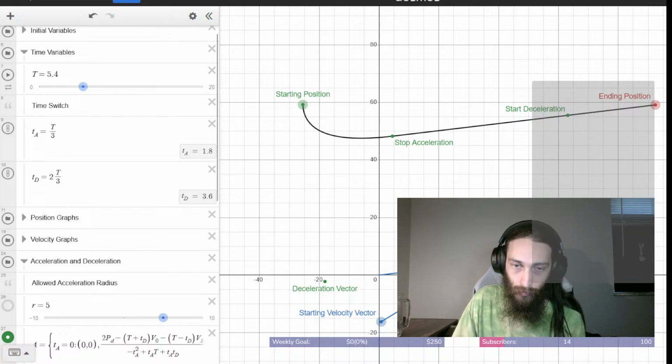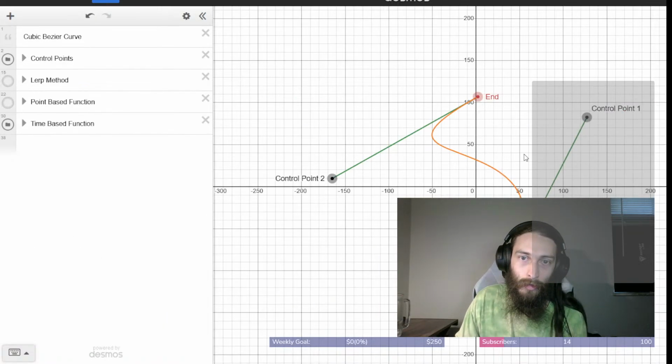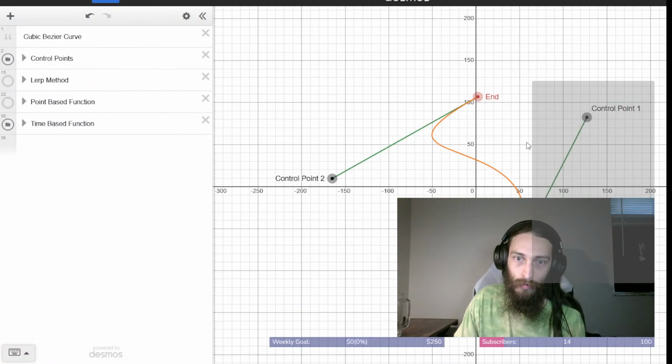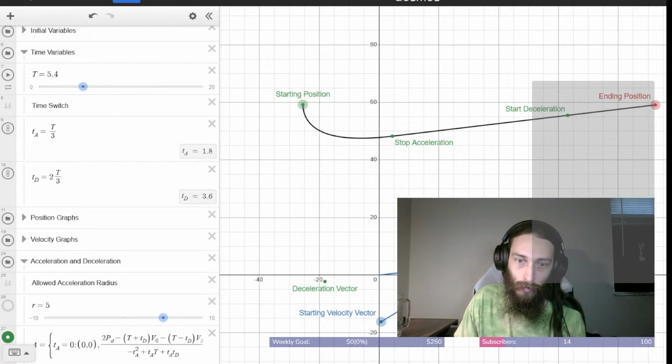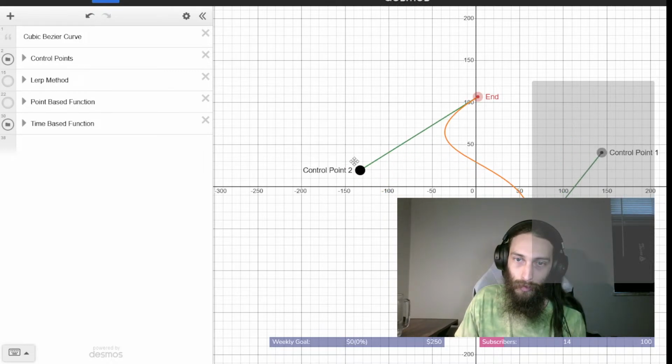But yeah, so doing that because of some game development stuff that I'm trying to do, and then cubic Bezier curves. I thought this might be a thing that I could do to solve the same problem, but I don't think this works as I want, because I have to figure out where these control points would go, because I know where my start point and end point would be.